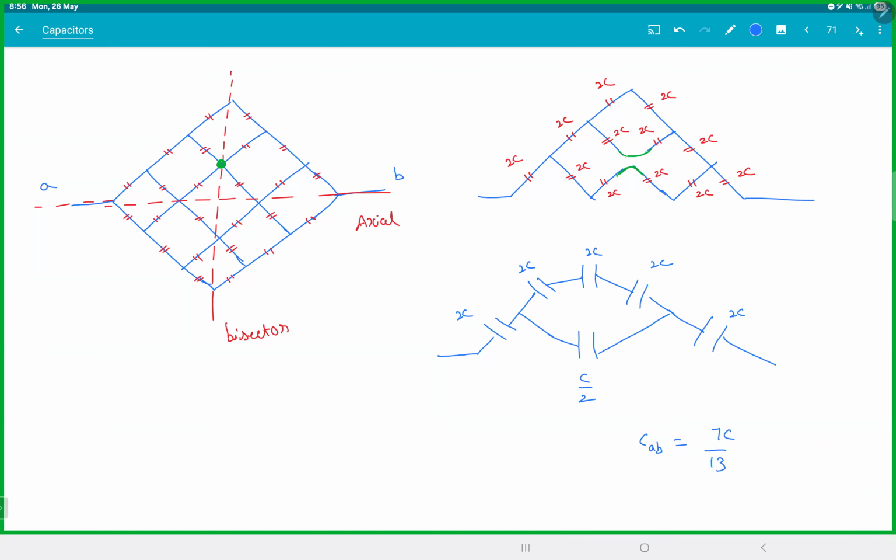Check. That's how you use both the symmetries. Any doubts on this? Clear? Next one.